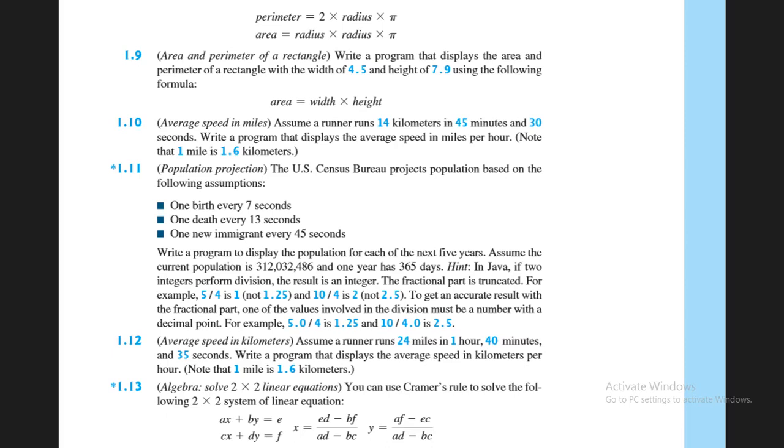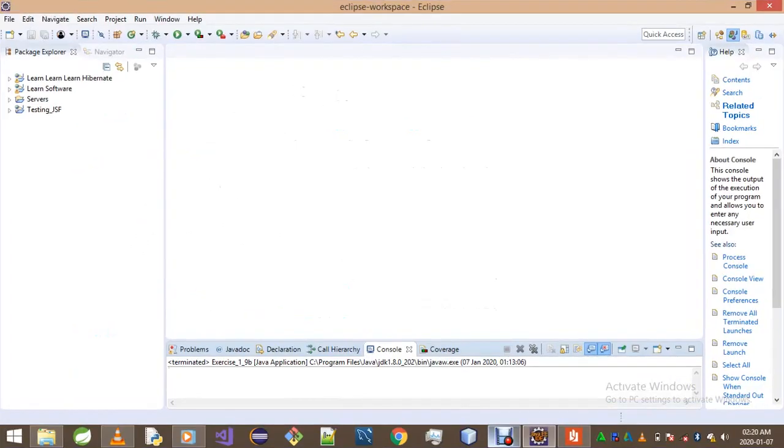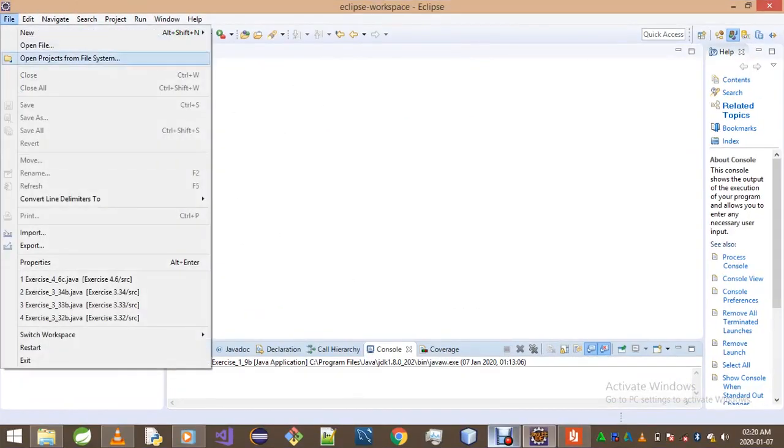To get an accurate result with the fractional part, one of the values involved in the division must be a number with a decimal point. For example, 5.0/4 is 1.25, and 10/4.0 is 2.5. Okay, so let's get onto our IDE and start working.